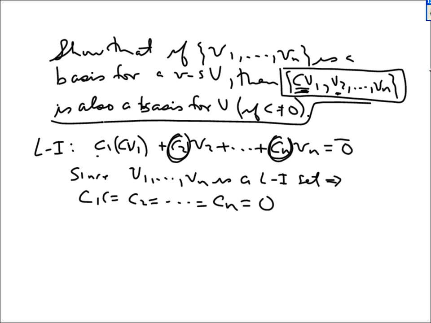But that's the same as C1 times CV1 plus C2V2, all the way down to CnVn, which is 0. Well, all of these are 0, because it's a linear combination of the vectors V1 through Vn.